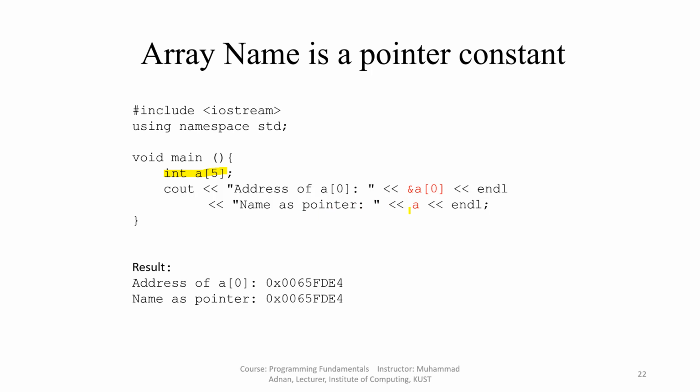But if you just write the name of the array, the name contains the address of the first element of the array, which is in fact A[0]. You will see it prints the same address as the address of A[0]. These two addresses are the same in hexadecimal notation. Once again, array name is a pointer constant. Array name contains the address of the first element of an array.